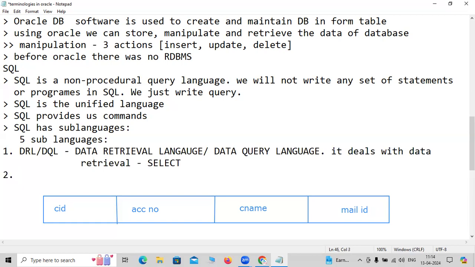The second is TCL, that is transaction control language.